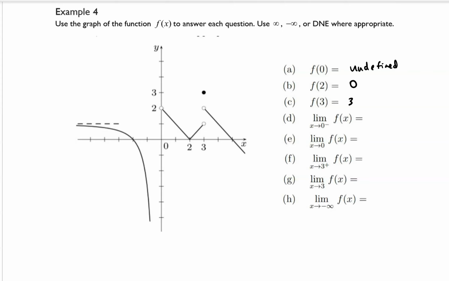Okay, so now we want to compute some limits. The first limit we want to look at is the limit as x approaches 0 from the left-hand side of f of x. So here's 0, and we want to come in from the left-hand side. So here's the little kid.